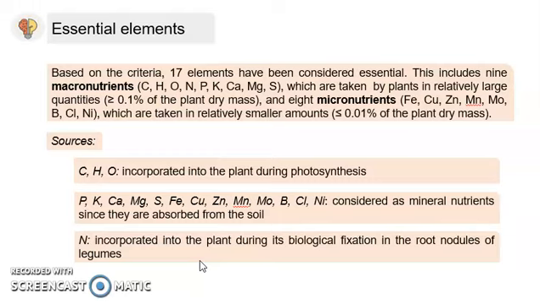So during biological fixation, the nitrogen is being fixed. That is why one source of nitrogen is the leguminous crops. Although some nitrogen is also in the soil, the major source is leguminous crops.